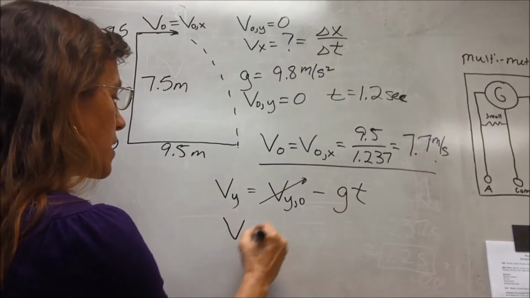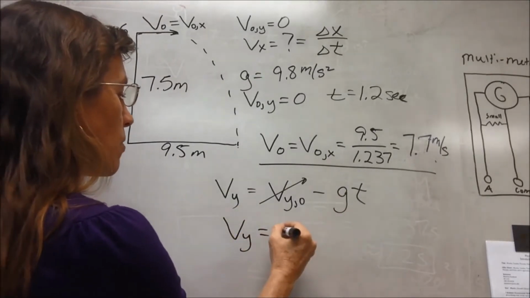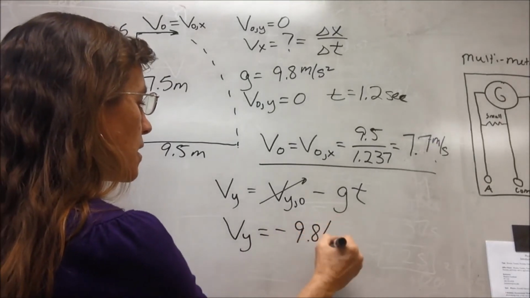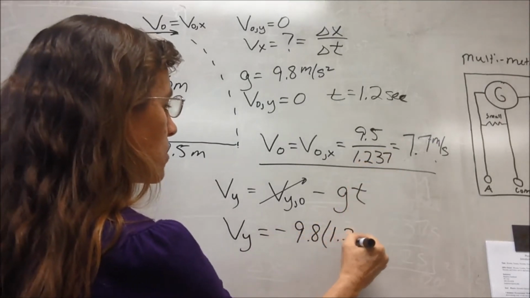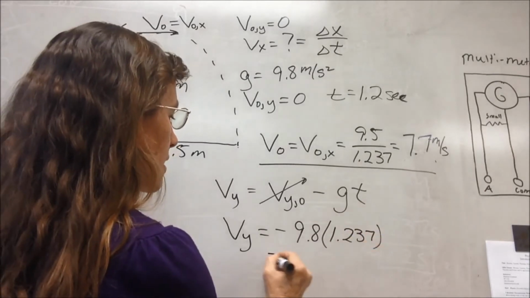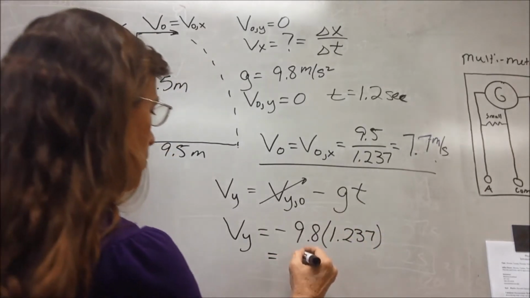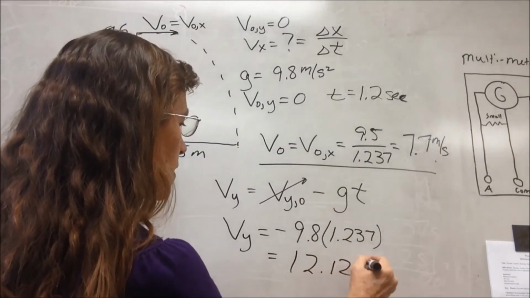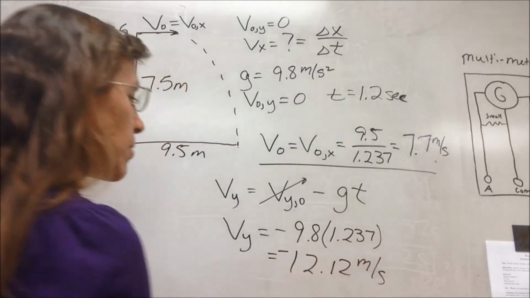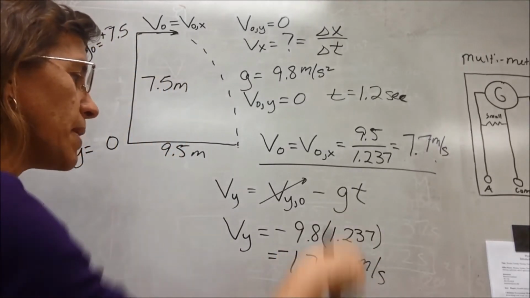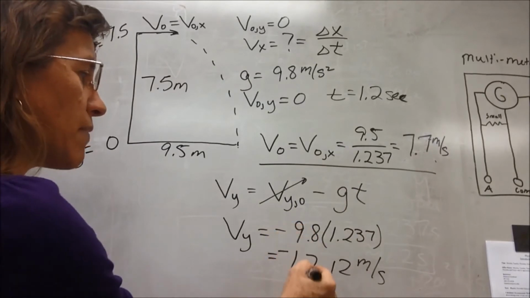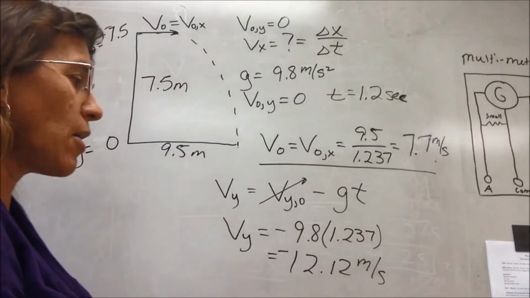So the final velocity in the y is just going to equal minus 9.8 times time, that 1.237 seconds, and that turns out to be 12.12 meters per second. And we're going to assign a negative value to it because it's in the downward direction. Also, gravity is negative. That's the way our math works out.